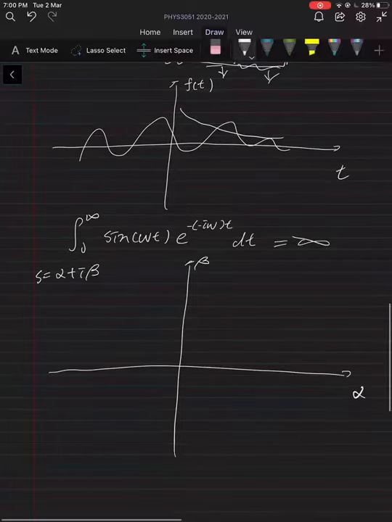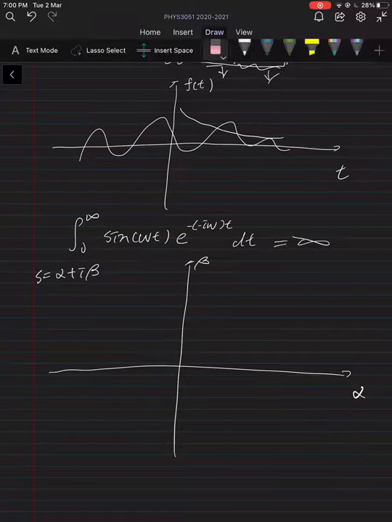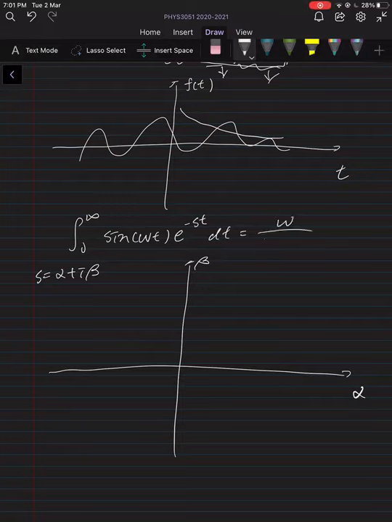And for sine omega t, this one is omega over s squared plus omega squared.